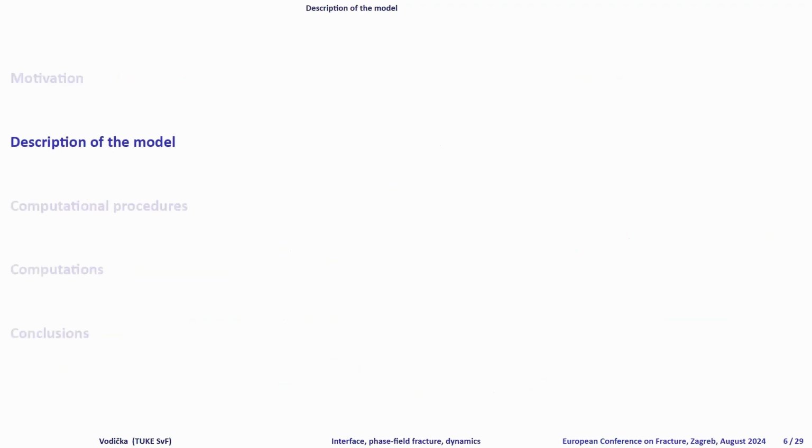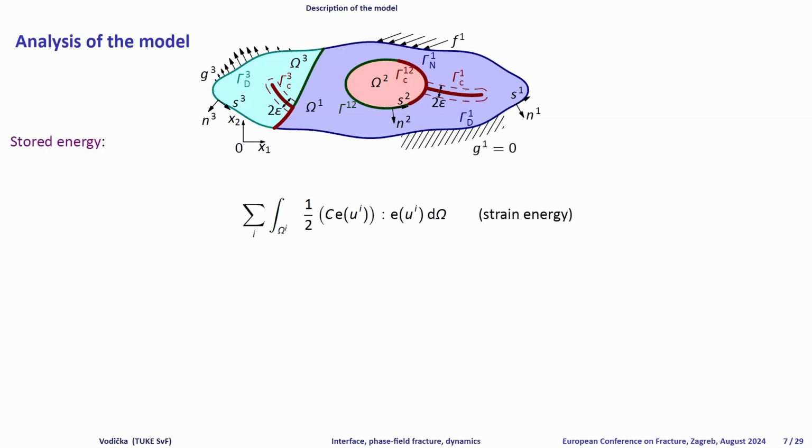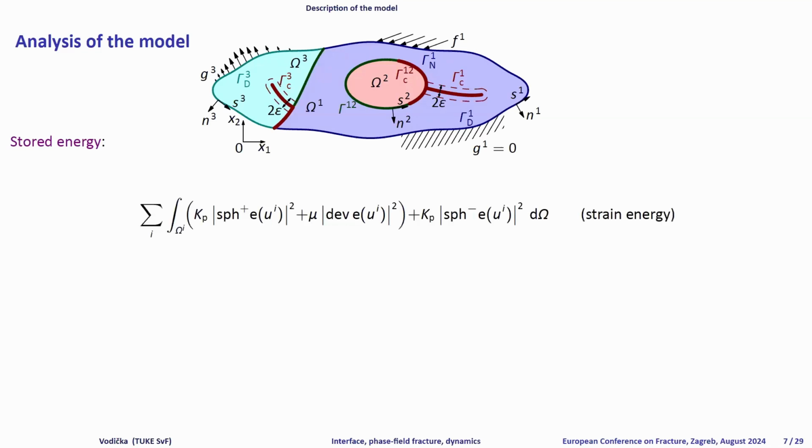Due to lack of time, I go directly to the description of the model, which is expressed in terms of energy, as it is a variational model. So I start with the strain energy, which for complicated stress states is usually expressed in a separated form.